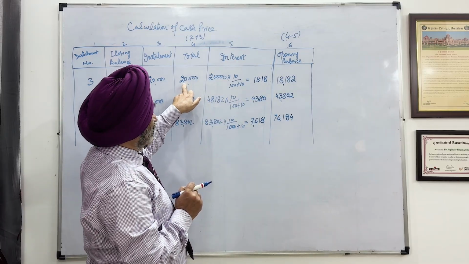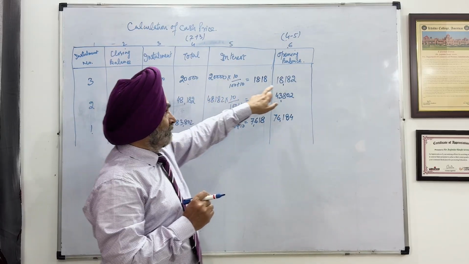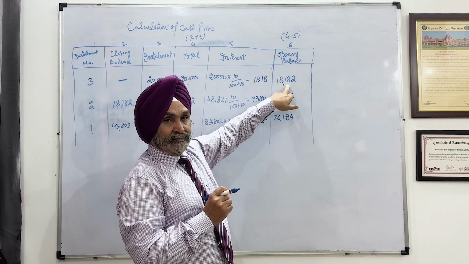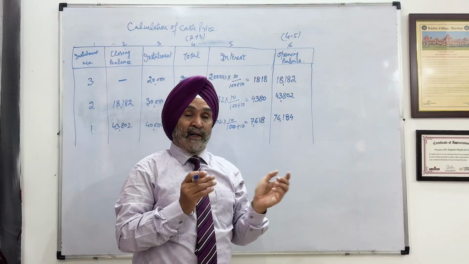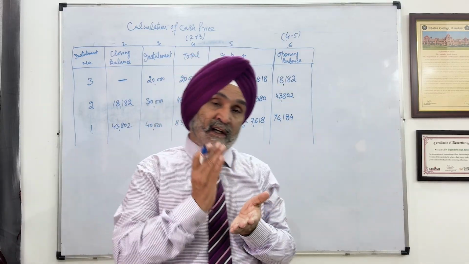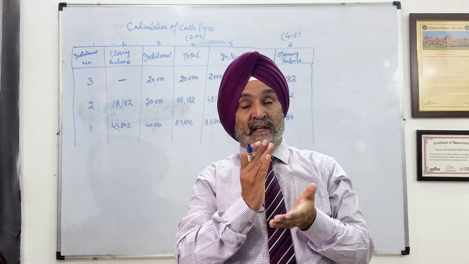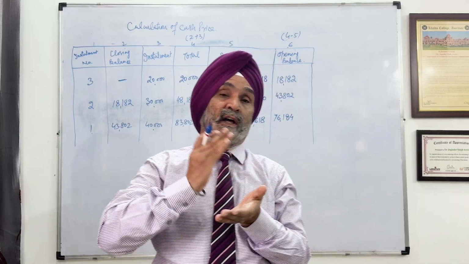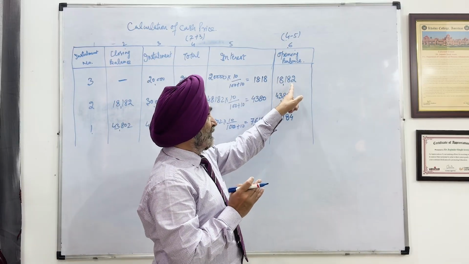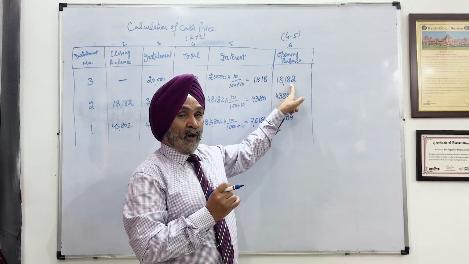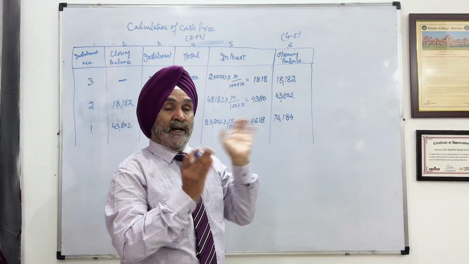So fourth column minus fifth column will be the sixth column. Actually, this is the amount at the beginning of the third year, which is the amount payable to the vendor at the beginning of the third year. We wanted to calculate interest on this figure, which is 10%.